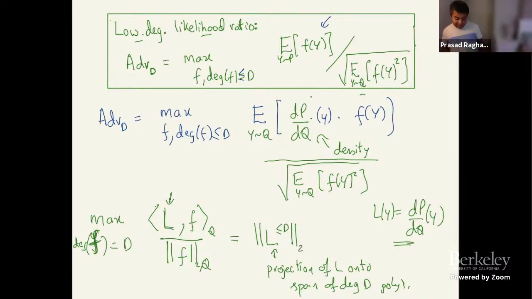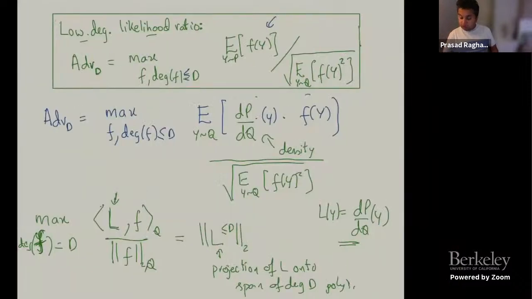Now, in fact, if your Q is nice, like if Q is IID Gaussian, or an IID distribution, then it's quite easy to write down the projection of any function L, because it's just given by the Hermite coefficients or the low degree Fourier coefficients. So for example, if Q is uniform on plus minus 1 to the n, what is the 2 norm of L less than d, whole squared?